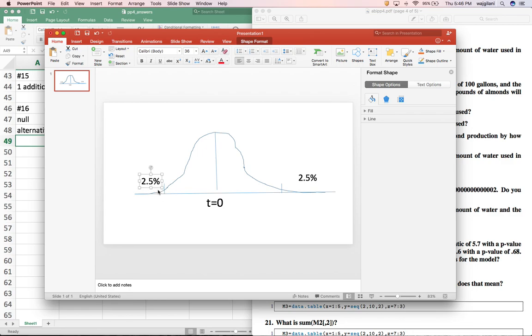This region here is also 2.5%, meaning that from this point to this point, the probability under the curve is 95%. Okay, it's 95%. Now, when the t-value is here, its p-value, probability value, is going to be 2.5% or less. Remember, this point right here is 2.5%, this point right here is 2.5%.